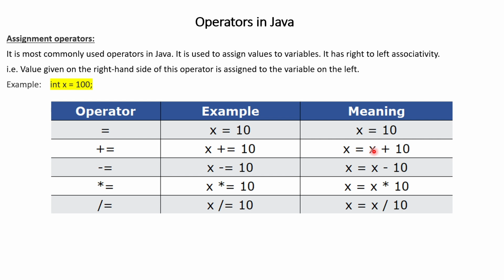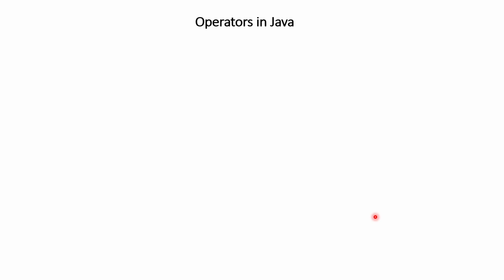Here 10 will be added to x and the updated value will be assigned to x. Similarly, we have x minus equal to 10, that is the subtraction assignment operator. In this we will subtract 10 from x and the updated value will be kept in x. Similarly for the multiplication and similarly for the division.